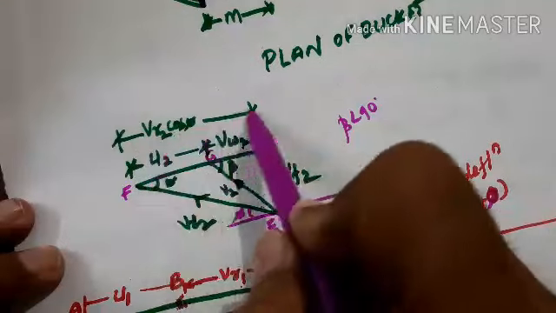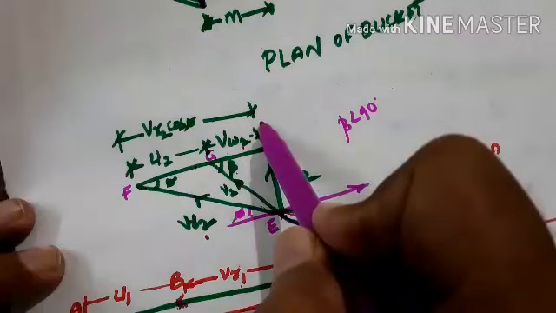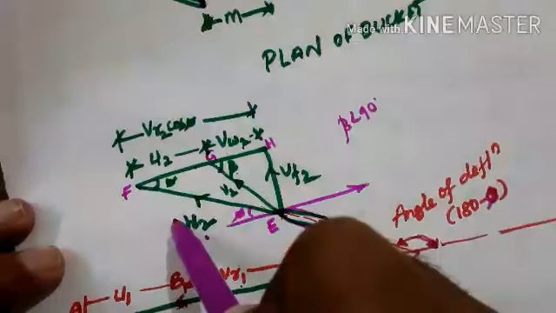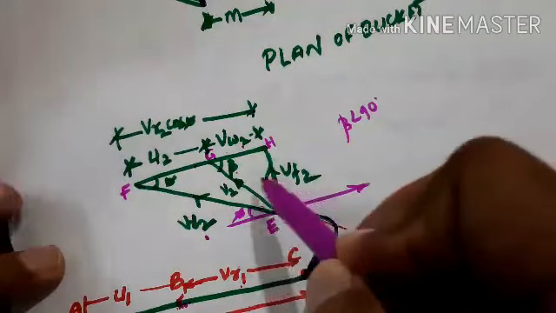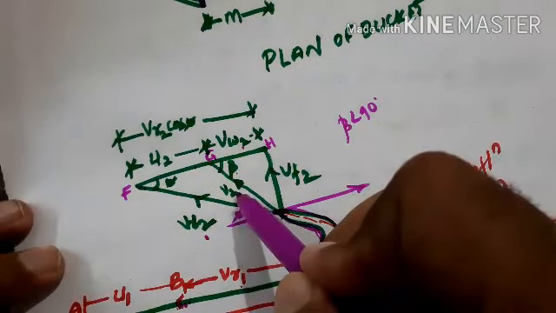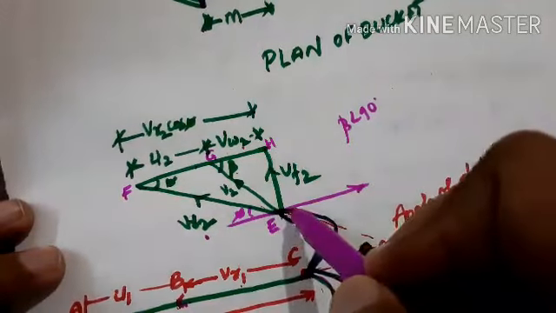And this VR2 cos phi is the component of VR2 in horizontal direction. Whereas VW2 and VF2 are the components of V2 in horizontal direction as well as in vertical direction.